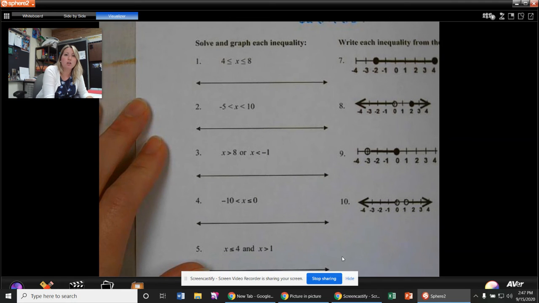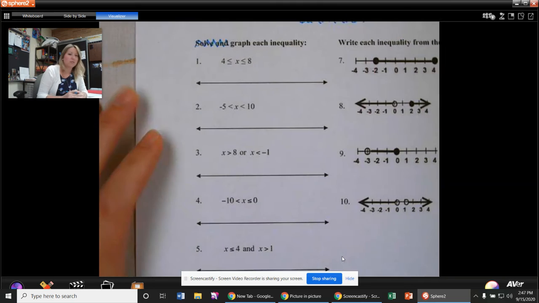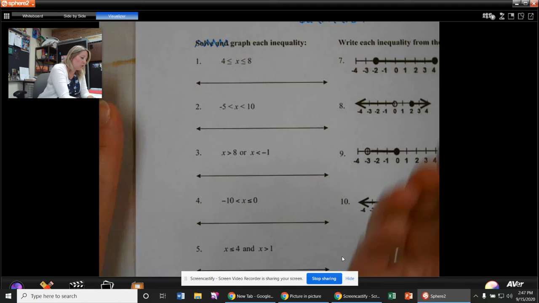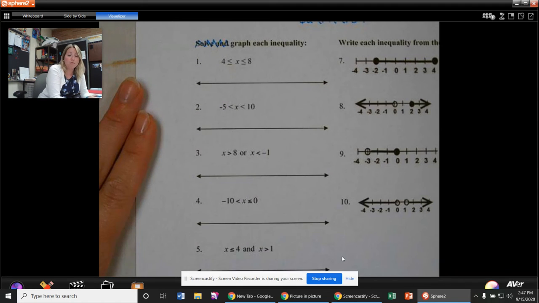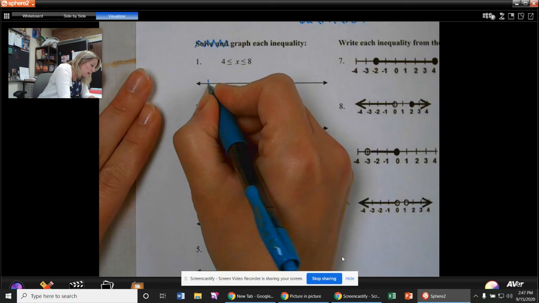Well, these are nice. Solve and graph each inequality. Oh, how about there's nothing to solve? That's easy enough, right? Hey, cool. 4 is less than or equal to x, which is less than or equal to 8. So you get to make your own number line for this guy. So 4 and 8 are my values in question. So I want things to kind of circulate around 4 and 8.